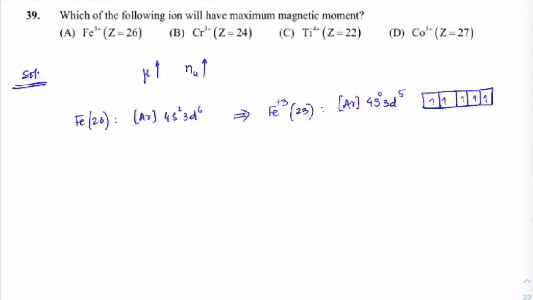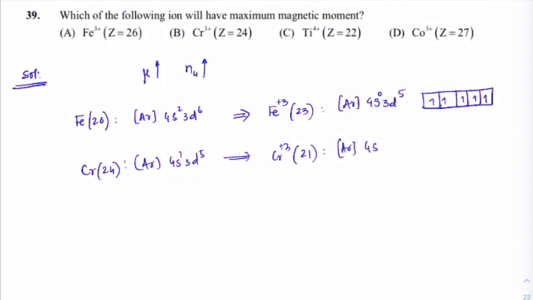If we see the next one, chromium, which is 24, argon 4s1, 3d5. If it loses 3 electrons, becoming chromium 3 plus with 21 electrons, I'm writing this as the number of electrons, don't worry about the protons. This 23, 21 are numbers of electrons.